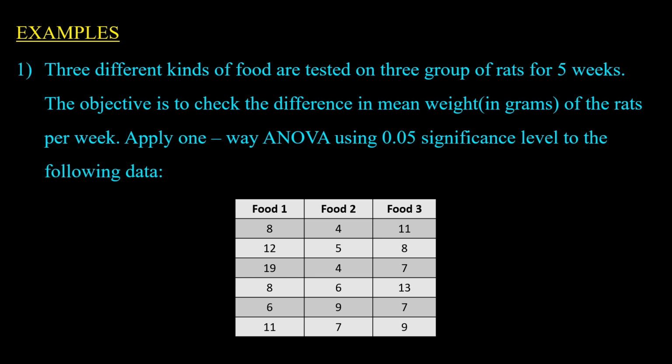Now, how to find the significance level? To carry out ANOVA, that is, analysis of variance, according to the procedure, what is the first step? First step, we need to form the table.